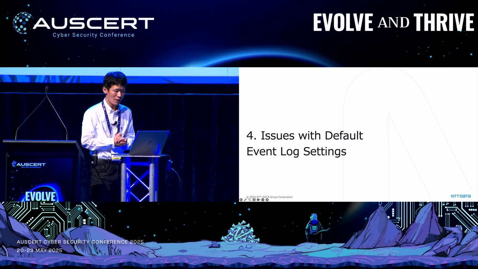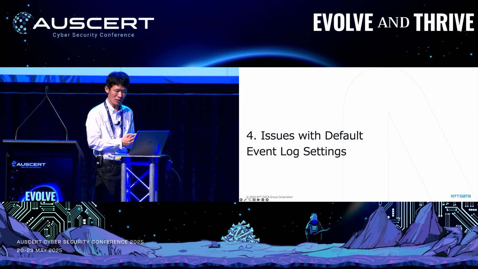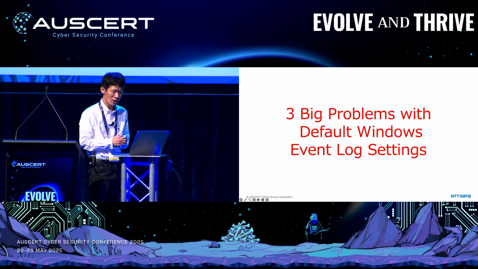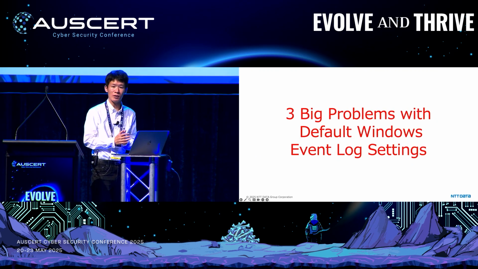So far, I've introduced open source tools that simplify Windows event log analysis. From here, I'll explain the challenges with the default Windows event log settings. Big problems with default Windows event log settings.